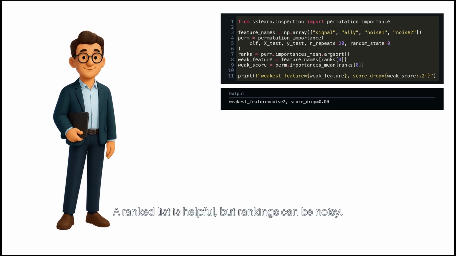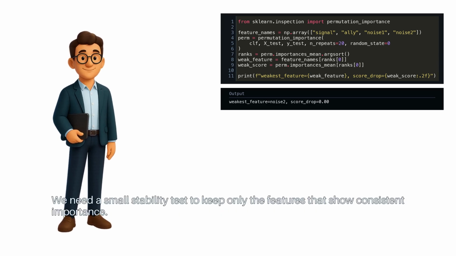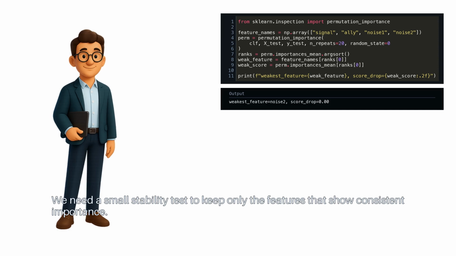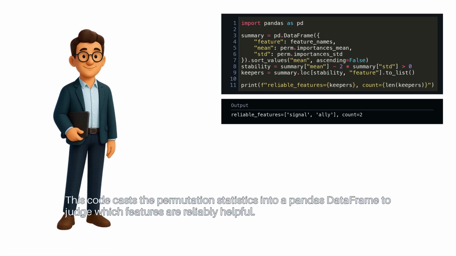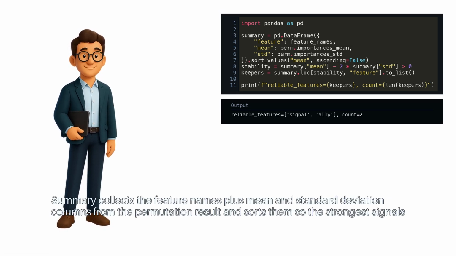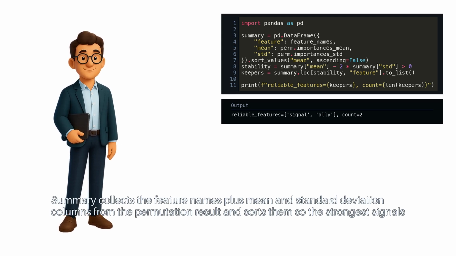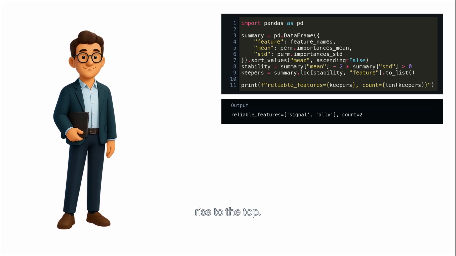A ranked list is helpful, but rankings can be noisy. We need a small stability test to keep only the features that show consistent importance. This code casts the permutation statistics into a pandas data frame to judge which features are reliably helpful. Summary collects the feature names plus mean and standard deviation columns from the permutation result and sorts them so the strongest signals rise to the top.